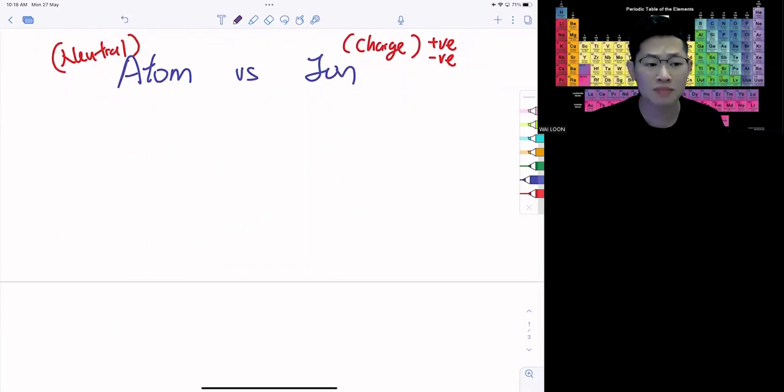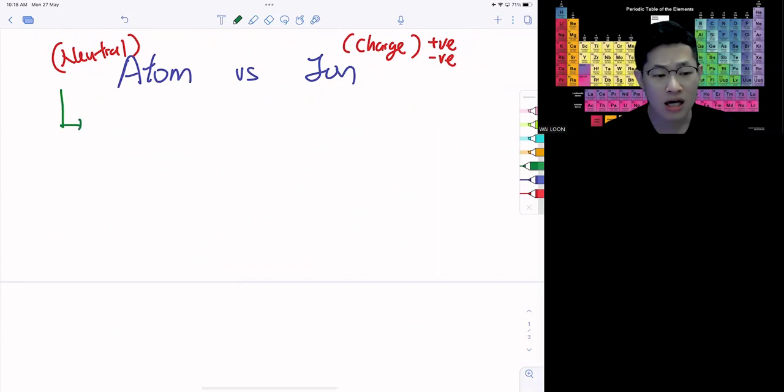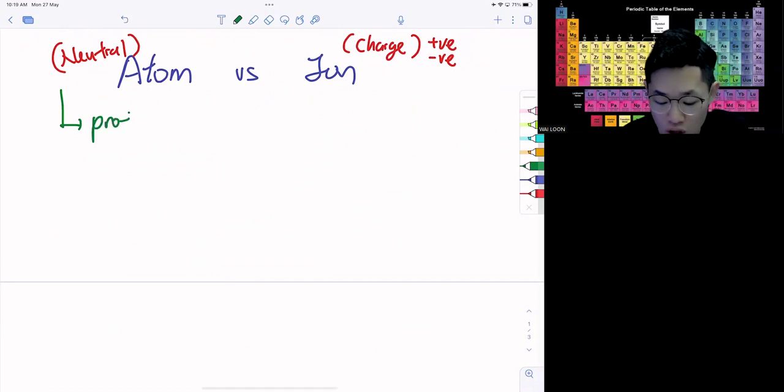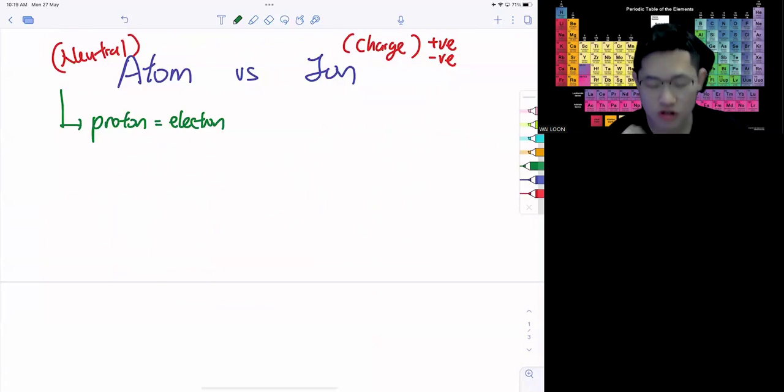So here I'm going to explain why an atom is always neutral. An atom is always neutral because it has the same amount of proton and electron. Proton is the same as electron.